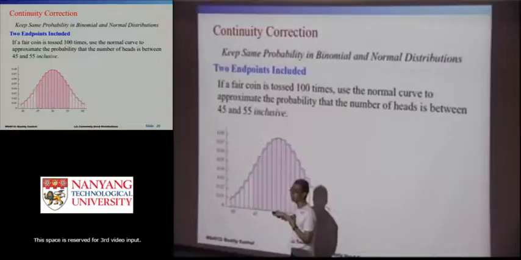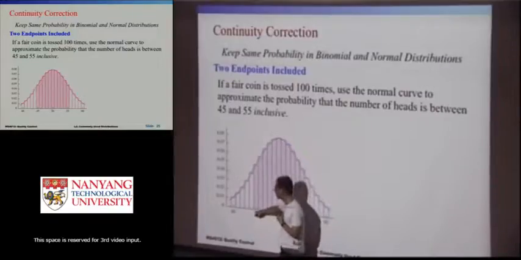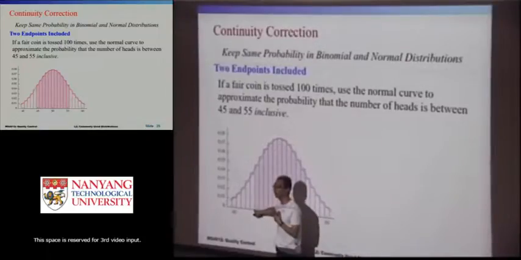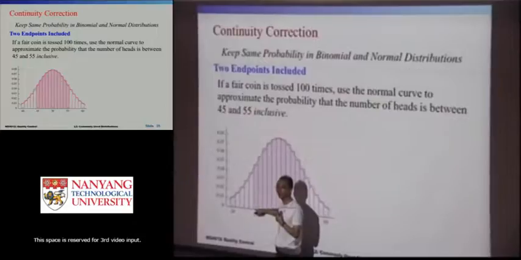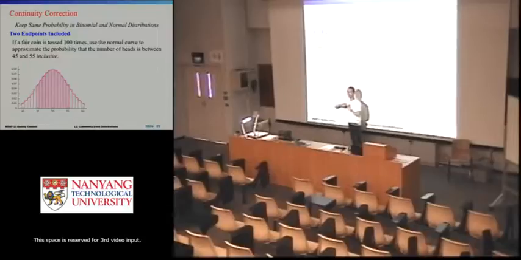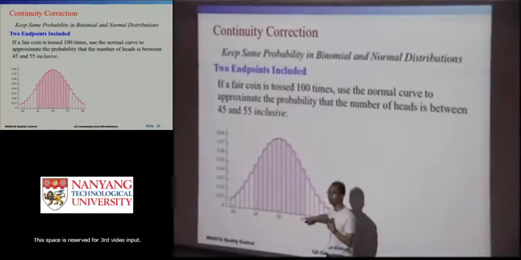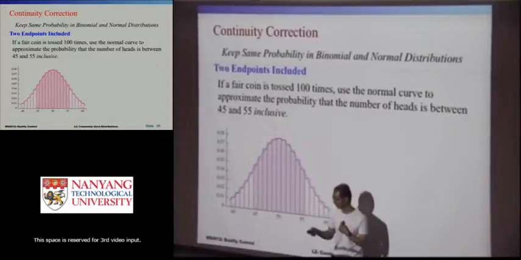In the normal distribution, should we start from 45 or 44.5? 44.5. Should we end at 55 or 55.5? 55.5, right? This is the continuity correction.